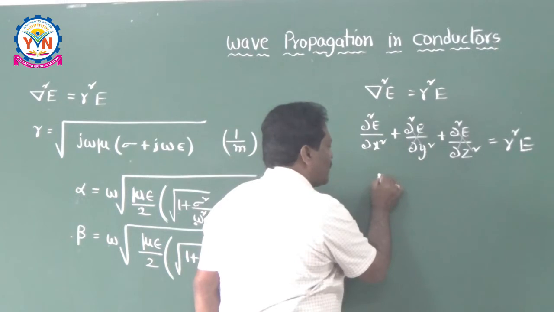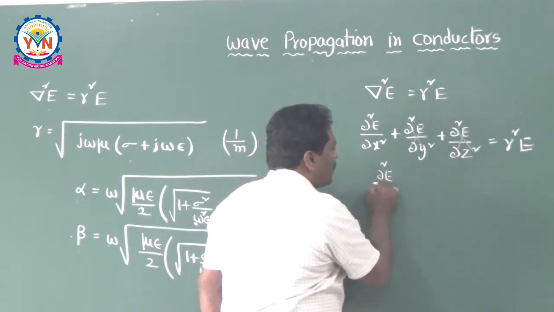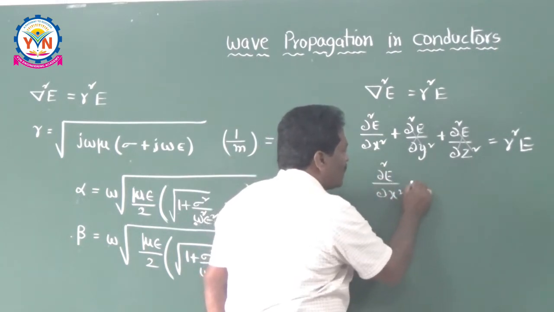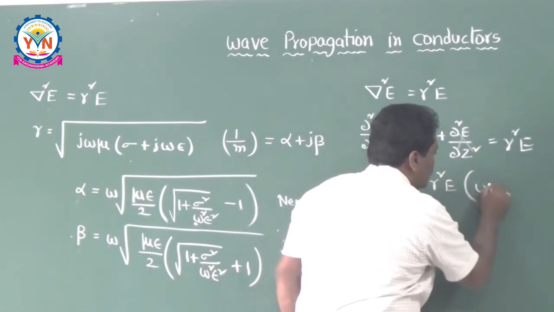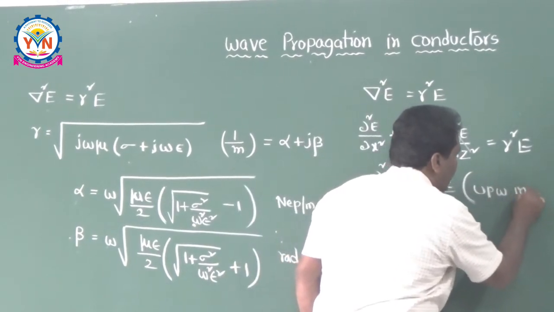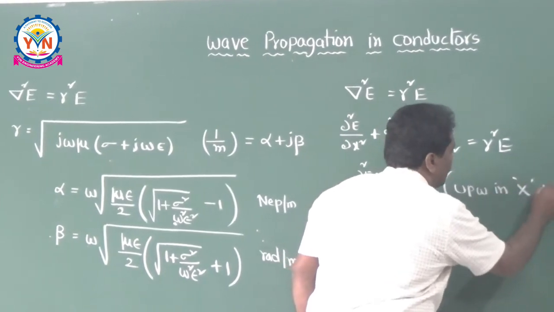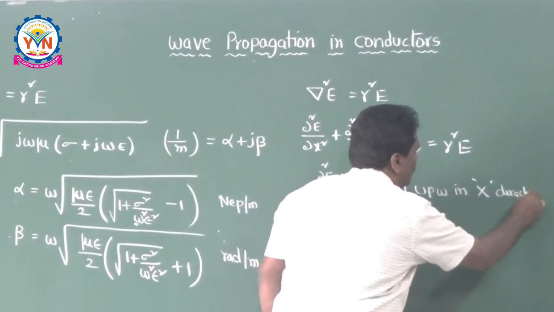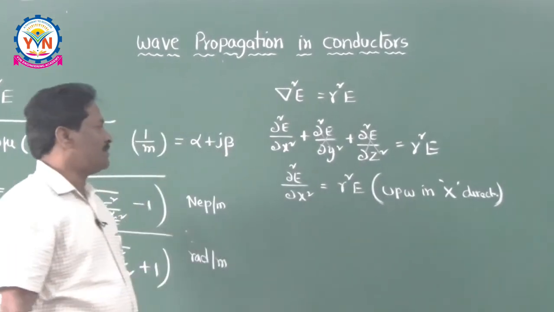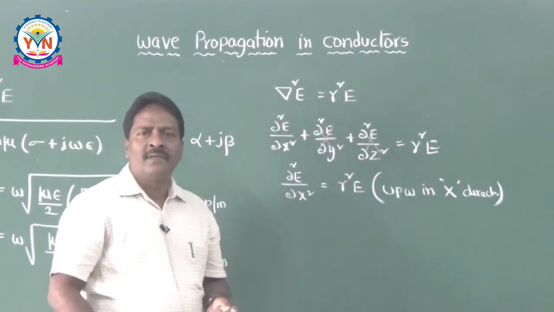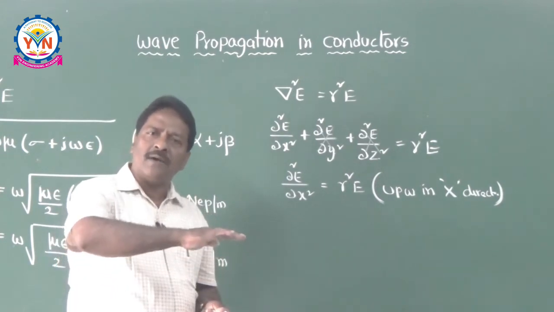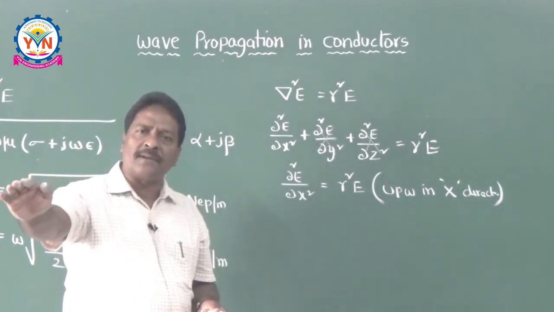So I can write here dou square E by dou x square is equal to gamma square E. That means I am considering the UPW, the uniform plane wave, in the x direction. As it is a second order equation, it represents a wave. Wave means a mechanism of transporting energy from one place to another.